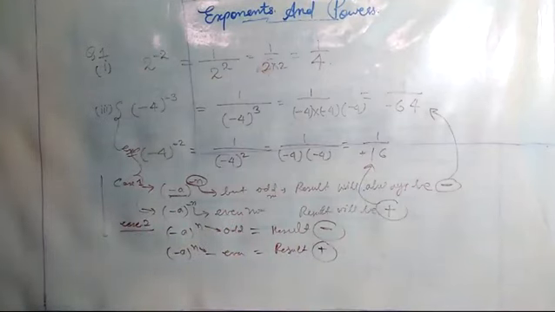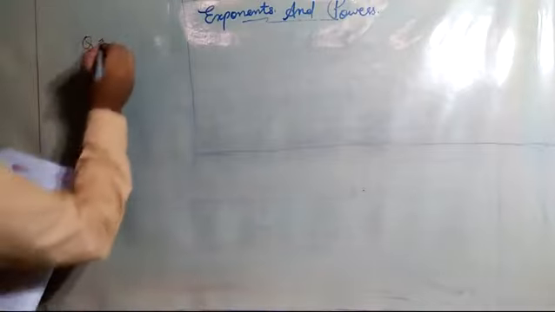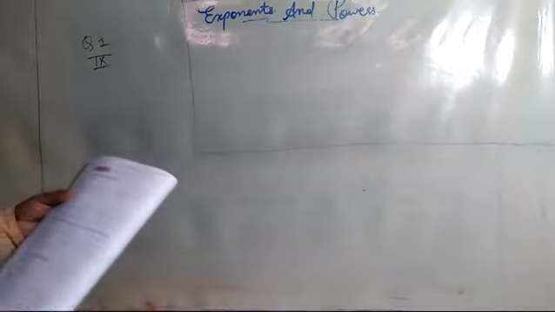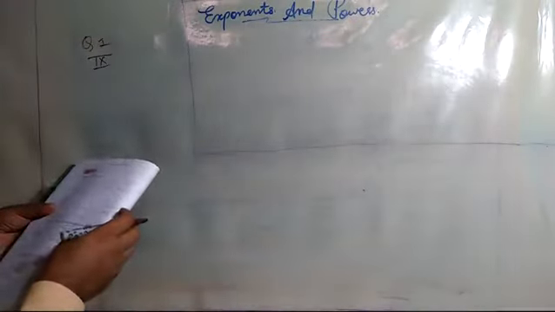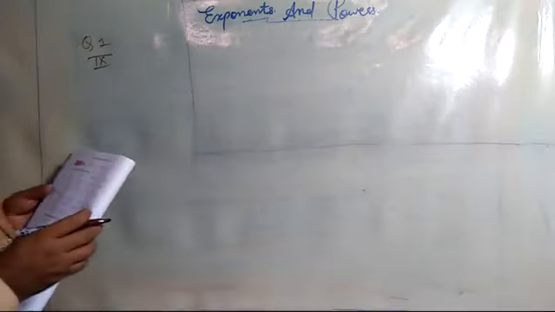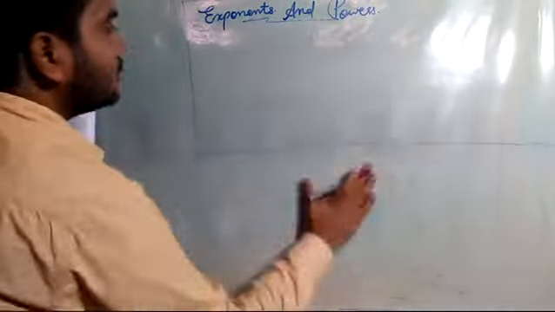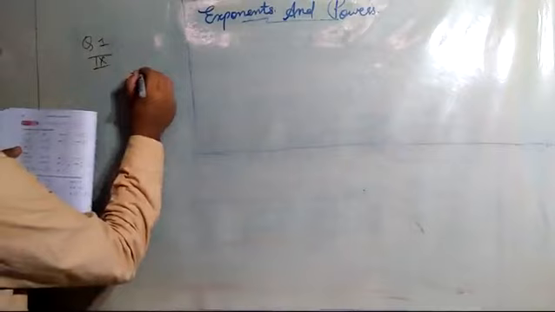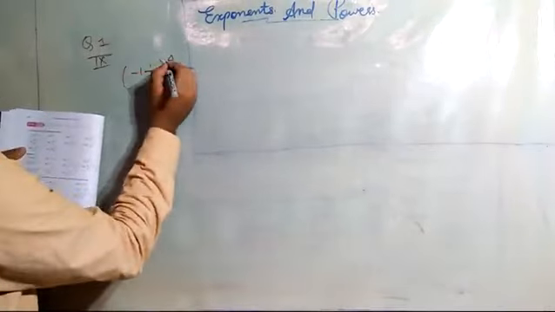If you solve more and more sums, then I hope you will be clear about this. Now I will be discussing question number 1 subpart 9, because all the remaining parts are very easy. You just have to write them out. Let me first solve number 9, then I will explain one more sum from this exercise only. Here it is given minus 1 whole 1 by 2 raised to the power minus 4.